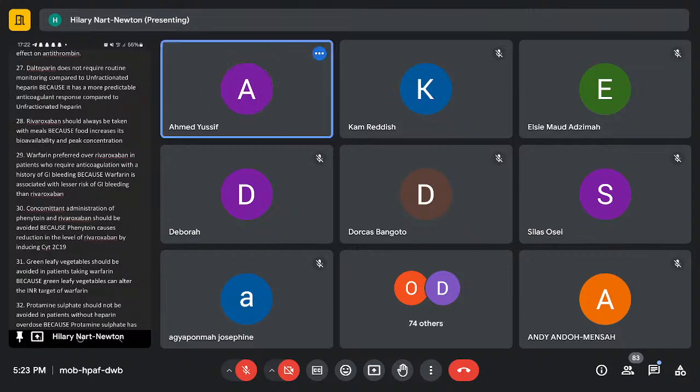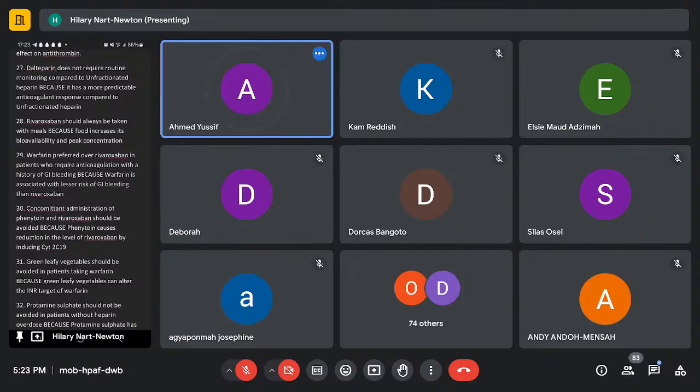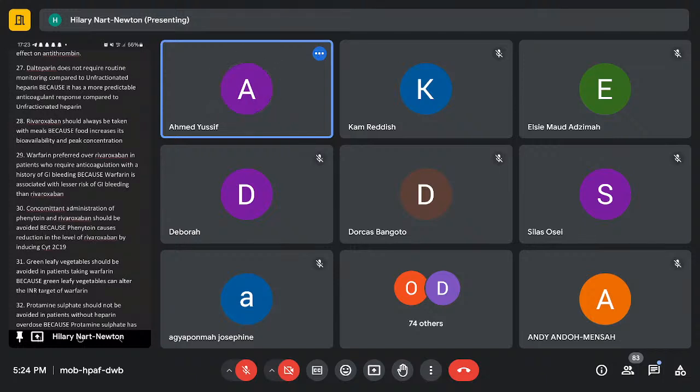Second statement, true or false? False. Do you have any opposition? All of you are going for the same. I'm thinking true, false. Any other answer?